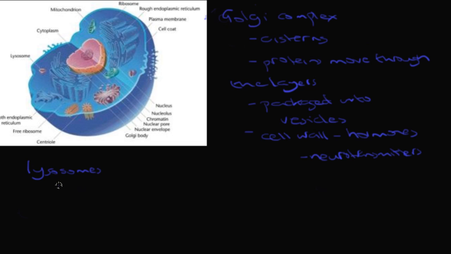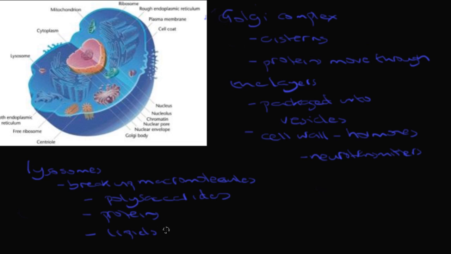And the job of the lysosomes is to break up macromolecules. So the bigger molecules that might have entered the cell, examples of these are the polysaccharides, so complex sugars, proteins, and lipids. So other proteins and some of the fat cells that come in as well.